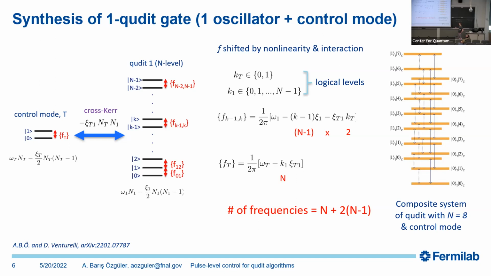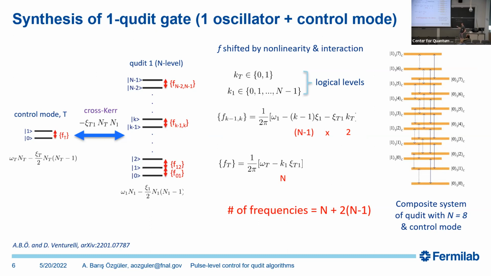So, for example, if you have n levels from 0 to n minus 1 for the Qudit, then the set of frequencies needed to trigger transitions from k minus 1 to k in this Qudit would number n minus 1 times 2.